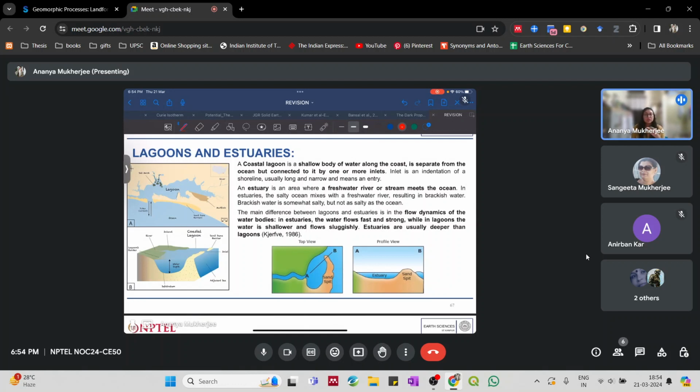The differences occur because of the flow dynamics of the water bodies. Estuaries are usually deeper than lagoons, and because of the river dynamics as well as wave action, the flow of water is faster than in a lagoon.